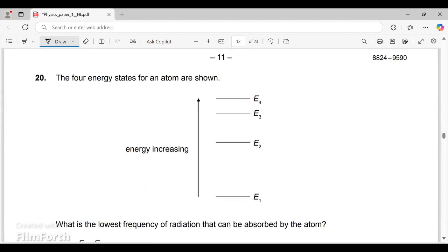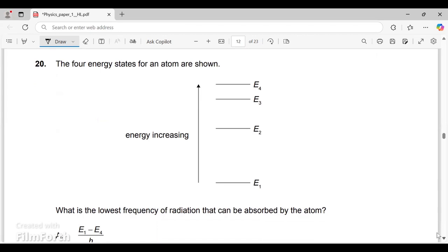The four energy states for an atom are shown in this diagram. What is the lowest frequency of the radiation that can be absorbed by the atom? If you look at the increasing, this is the lowest increase. E1 to E4, no. E2 to E4, no. Only E4 to E3.